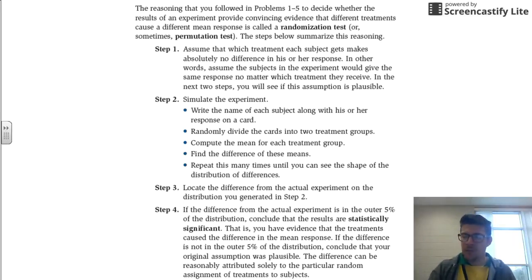And then we randomly took numbers out and put them into a group. The first we could call the control group, and the second group the treatment group. We would find the mean for each one, and then find the difference. So that's step two.